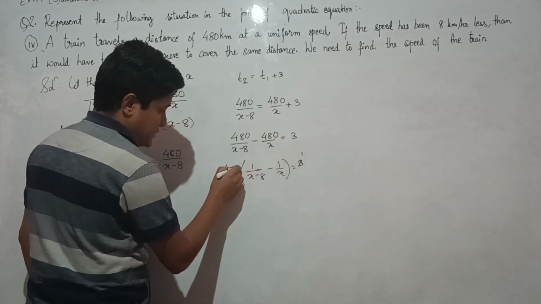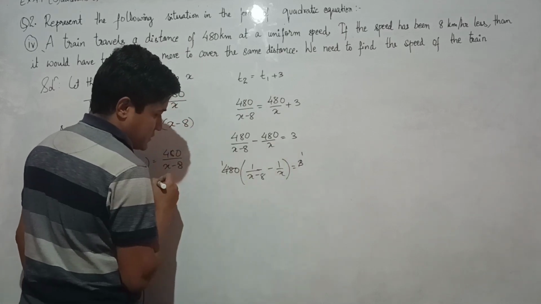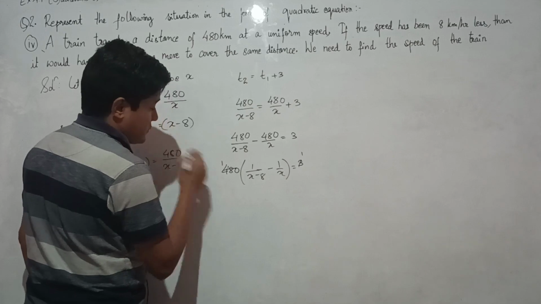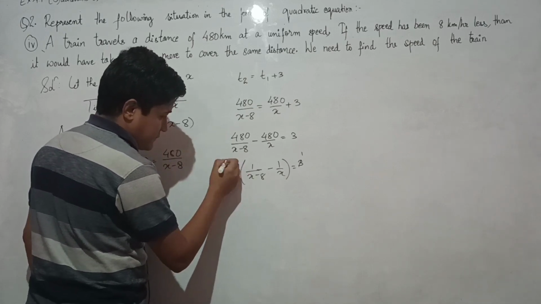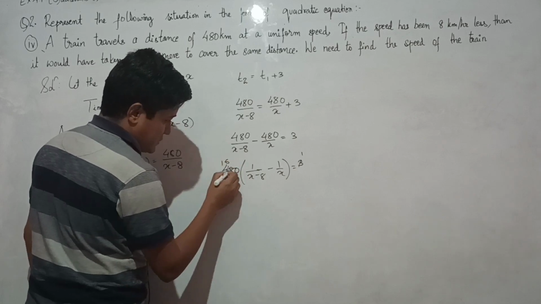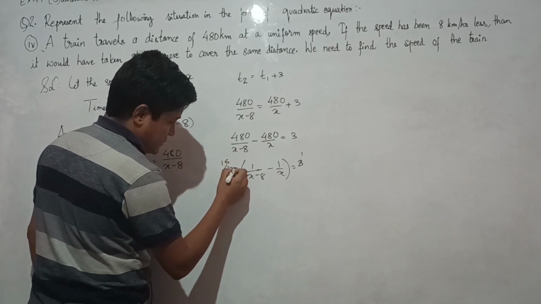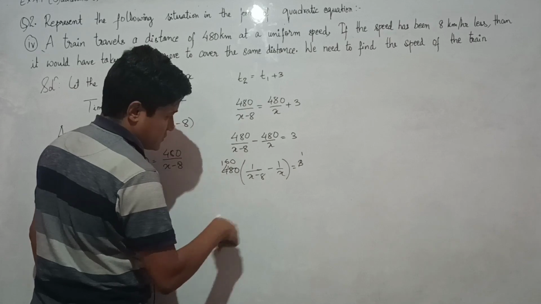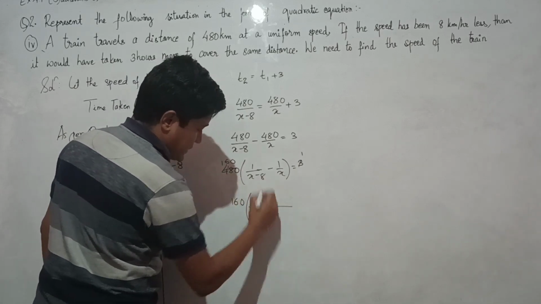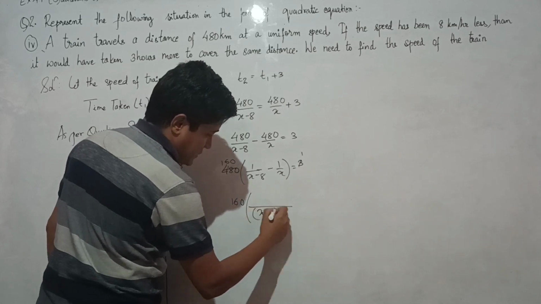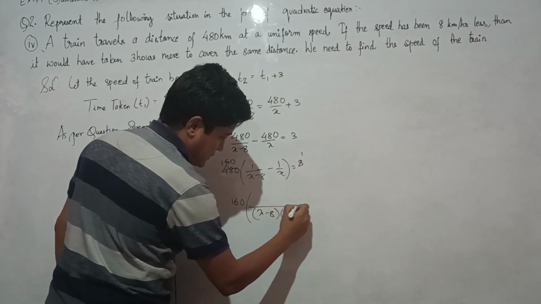3 ones are 3, 3 sixes are 18, 3 zeros are 0. Now 160, let us take the LCM.